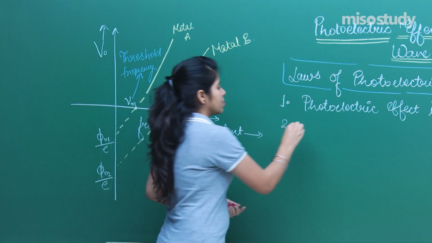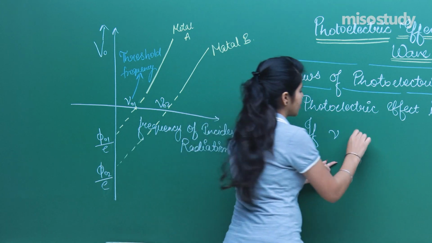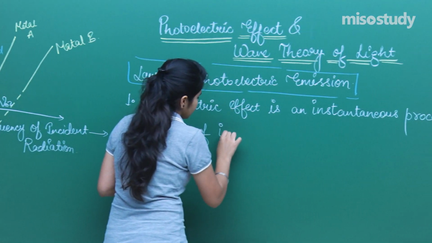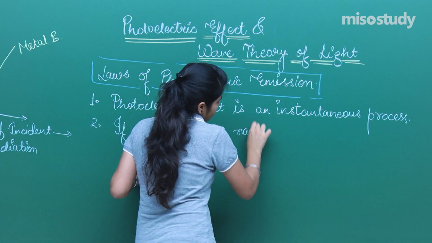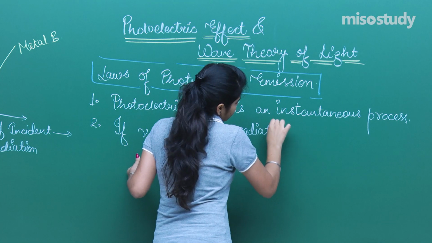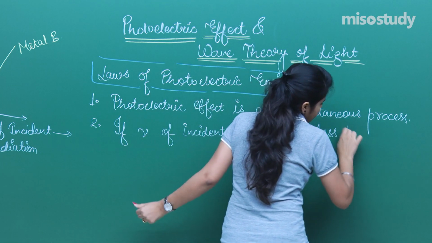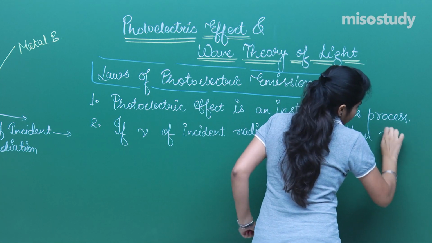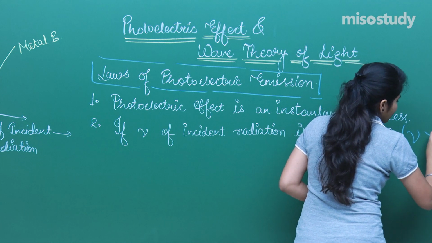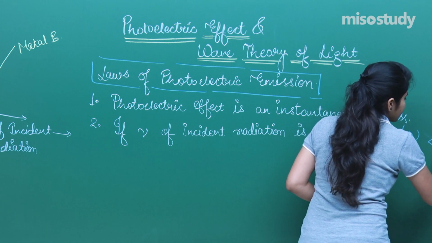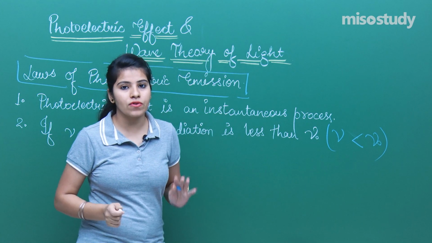If the frequency of incident radiation is less than the threshold frequency, there will be no emission of electron.